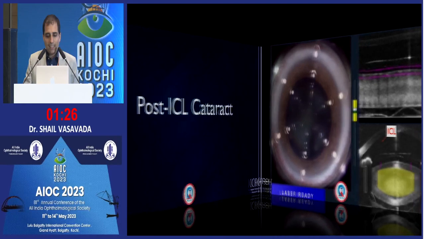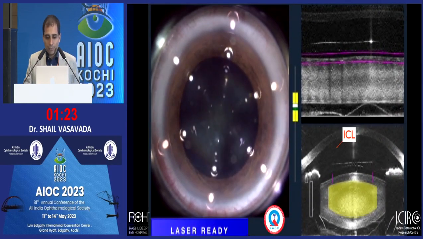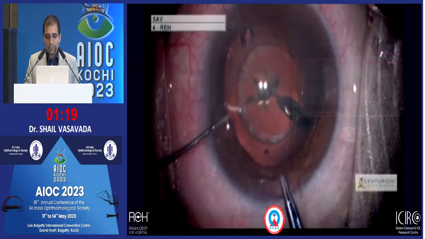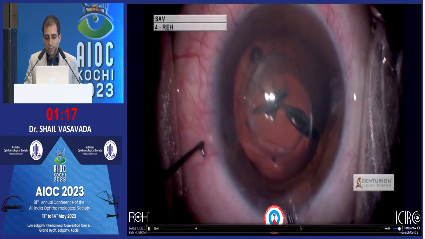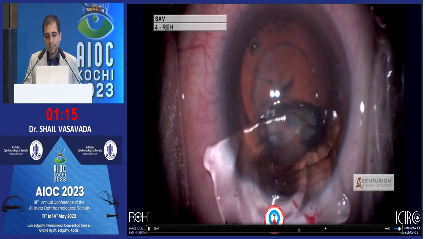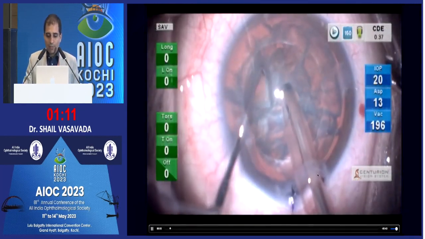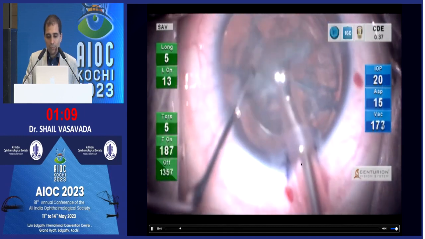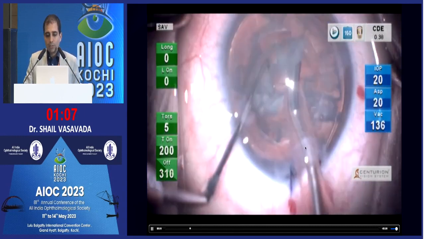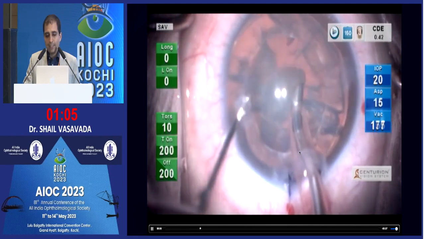Post ICL cataract, two challenges. One is you can do a femtosecond also through the ICL, and it's easy to remove the ICL, but you need a 3.2 millimeter incision, which is too large for our phacoemulsification. And therefore, after removing the ICL, we actually suture the wound on both sides, so that our phaco probe, the main incision, doesn't leak.